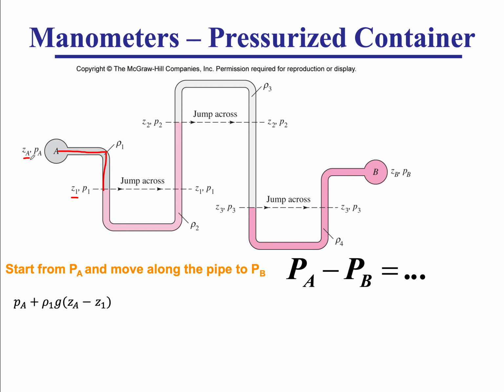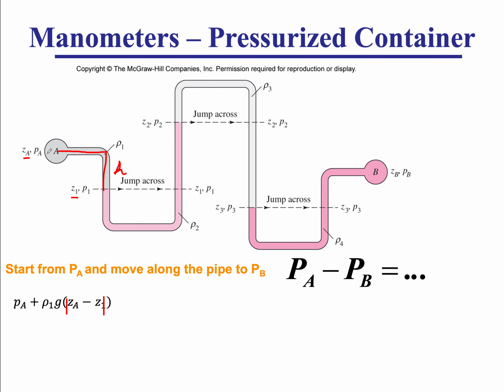So I always start, if I'm going down, your pressure increases, going up your pressure decreases. My delta z is always positive, so I could just put absolute values around it, as I'm dealing really with the h here.